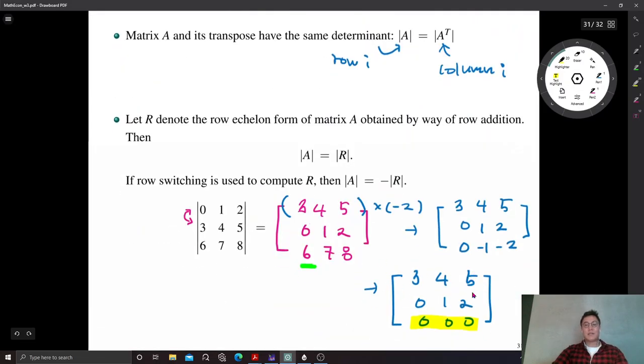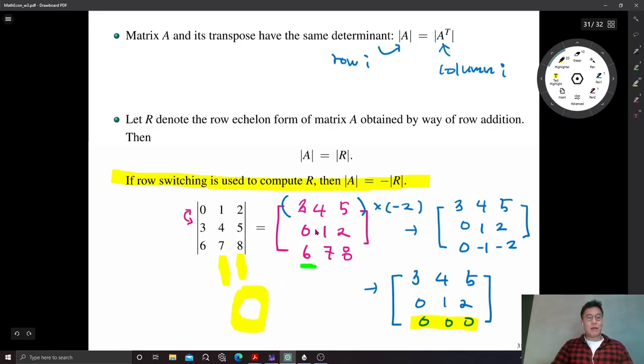So we can say the determinant of this matrix, the row echelon form, is 0. And we used row switching once here. So by this property, the determinant of this matrix is going to be the negative of the row echelon form's determinant. But the row echelon form has 0 determinant. So we can say the determinant of this matrix is just 0.